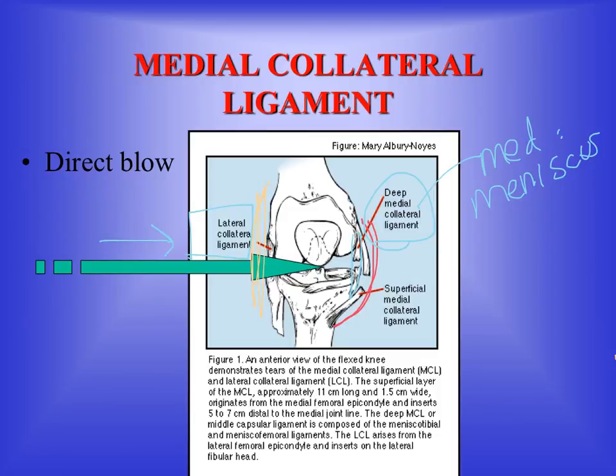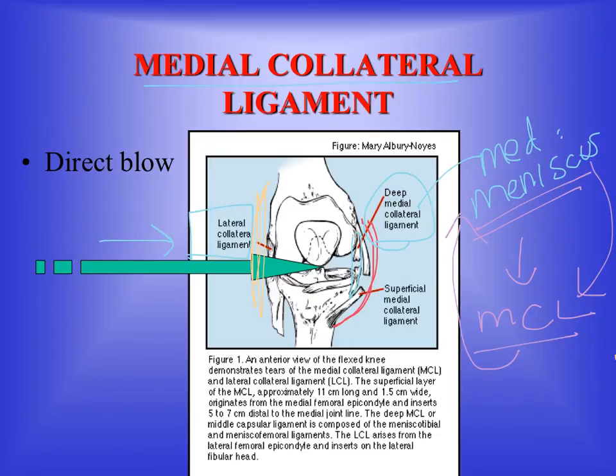So what's interesting is that when a person injures the MCL, typically what happens is they also injure the medial meniscus as well. So not only do you have a medial meniscal tear, but typically you also have an MCL tear associated with that, and or vice versa, because the two are connected.